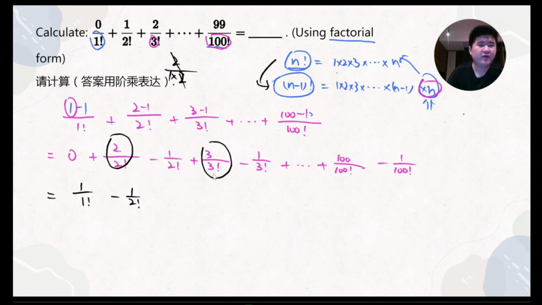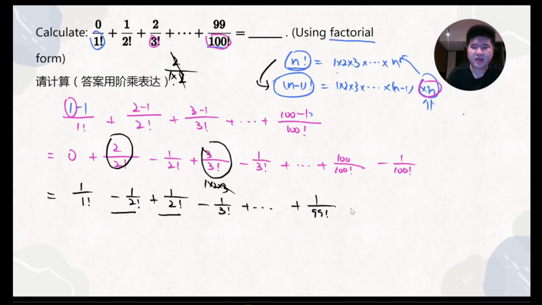And then 3 over the factorial of 3. Factorial of 3 is 1 times 2 times 3, and you find the 3 just cancels, becomes what? Becomes 1 over the factorial of 2. 你看，它变成2的阶乘分之1了，减去2的阶乘分之1，加上2的阶乘分之1，互相抵消，是不是又可以约分了？也是不是就又可以化简？And then the following is 1 over factorial of 3, and keep doing that, plus 1 over factorial of 99 minus 1 over factorial of 100.